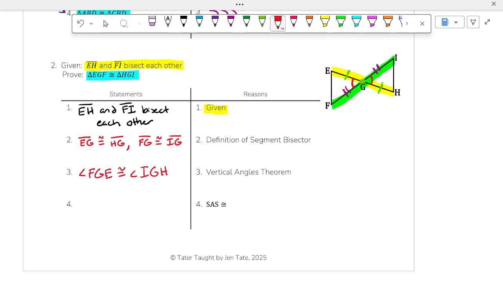I'll give you a hint. It's already on your paper technically. Remember, whatever you're trying to prove, that's always going to be your last statement. So we're going to say that triangle EGF is congruent to triangle HGI. You're literally just going to copy the last statement.